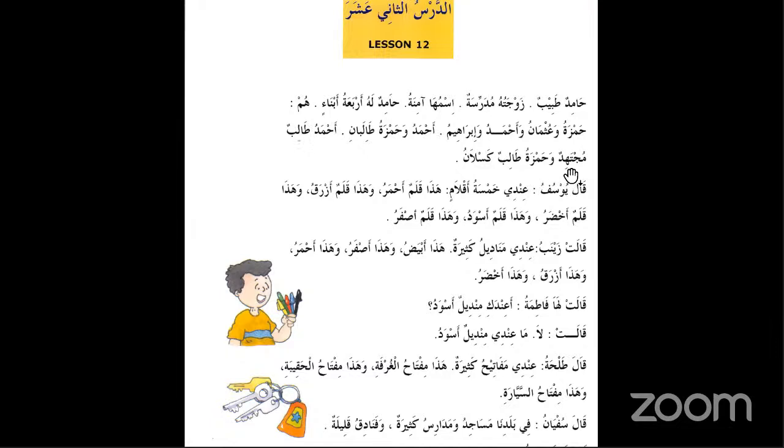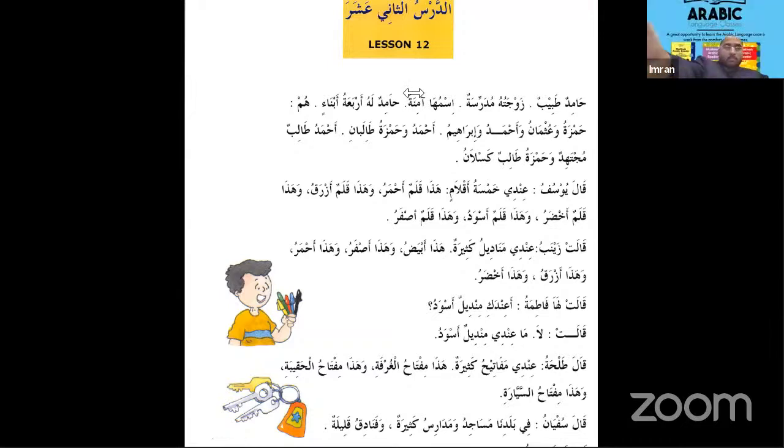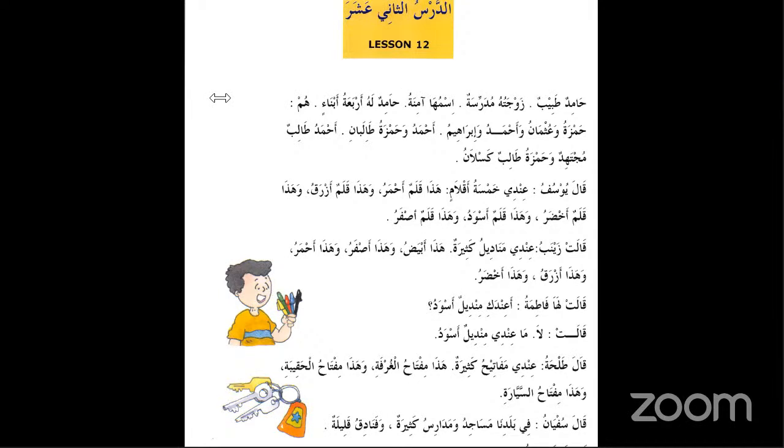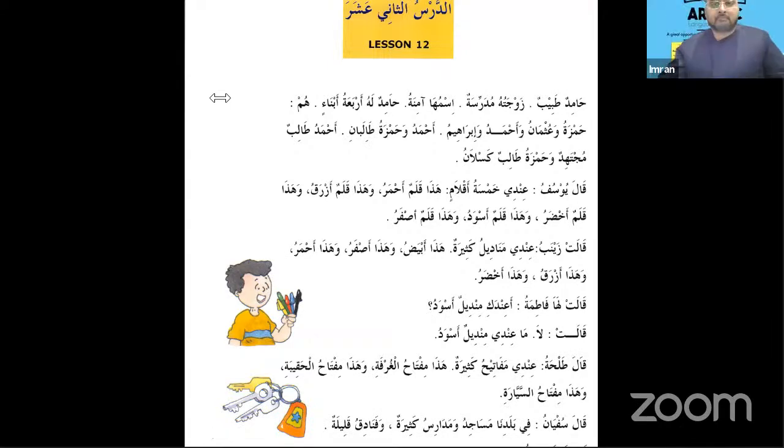So mujtahidun is an adjective. But here, Hamzatu talibun, again Hamza is the mubtada, talibun is the khabar, and the adjective for what type of student he is, kaslanu, is coming. Because kaslanu is a dipto, what happens to a dipto? It's not a tanween, there's only one dhamma.